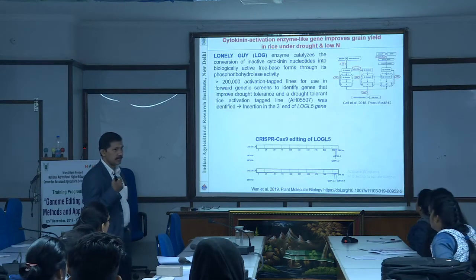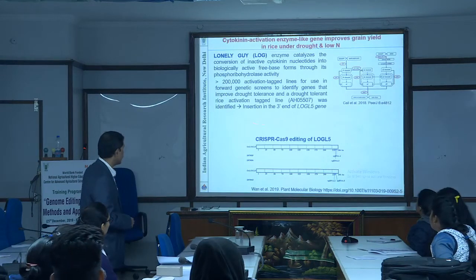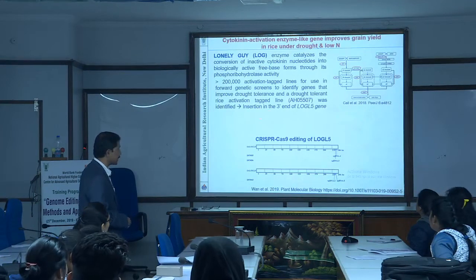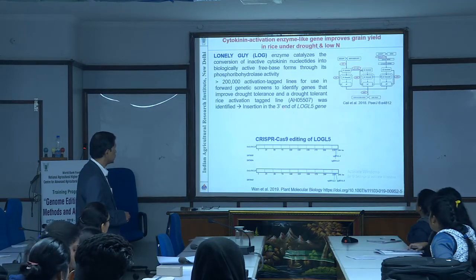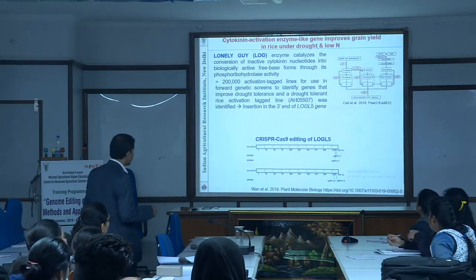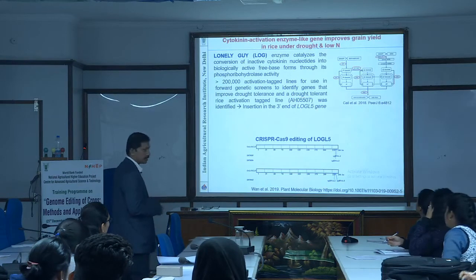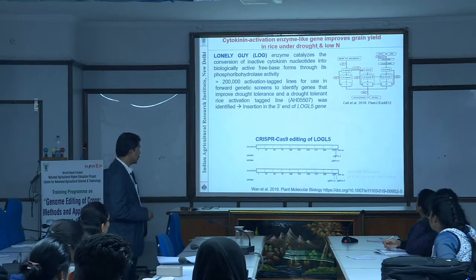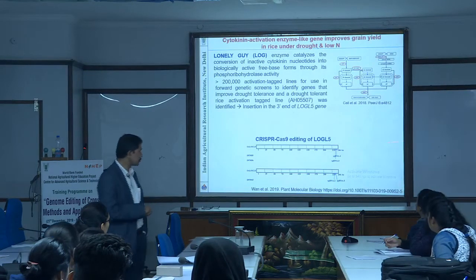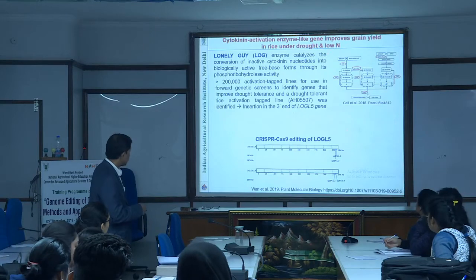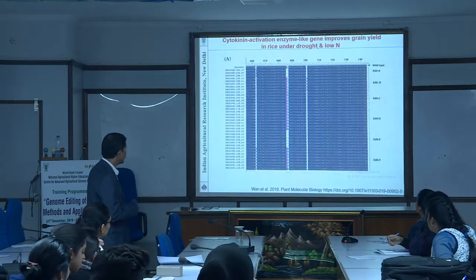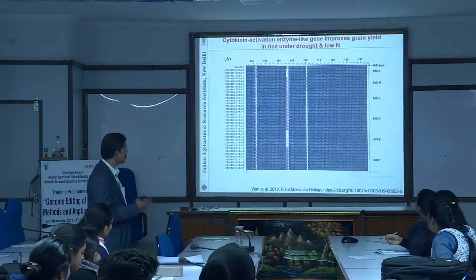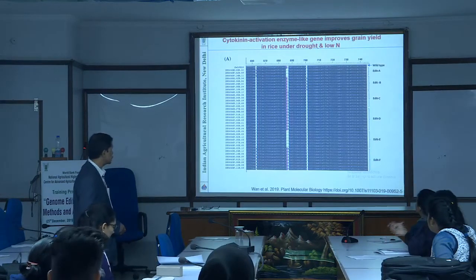They identified a drought tolerant plant, and when they did the flanking sequence analysis, they found that a T-DNA insertion was there at the 3' end of the LONELY GUY-like 5 gene in rice. So the mutation was at the very end of the coding sequence, but this plant was tolerant to drought stress. So they wanted to use genome editing to create some alleles and study their stress response.